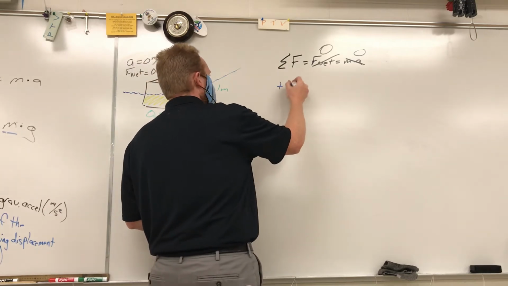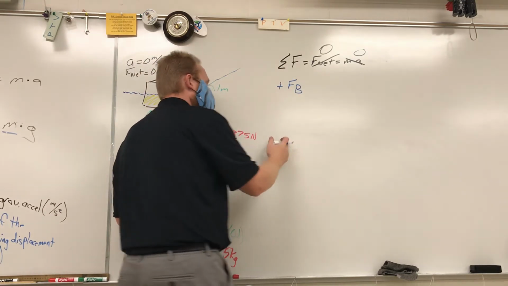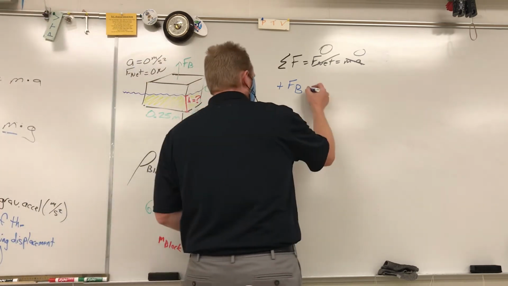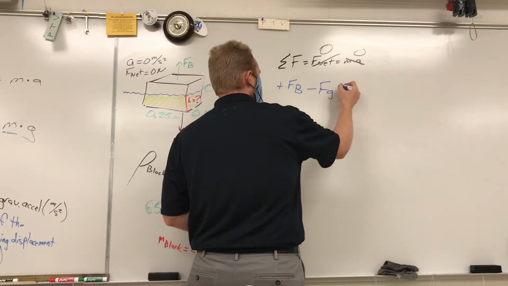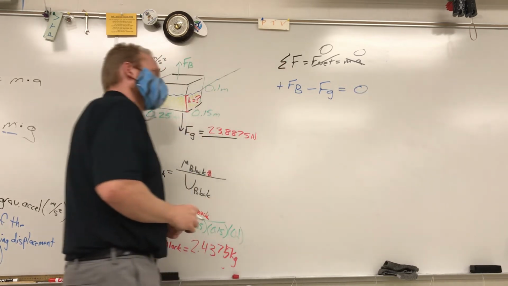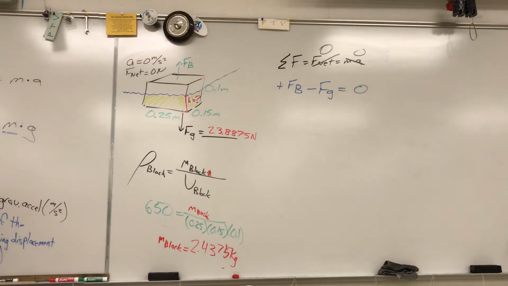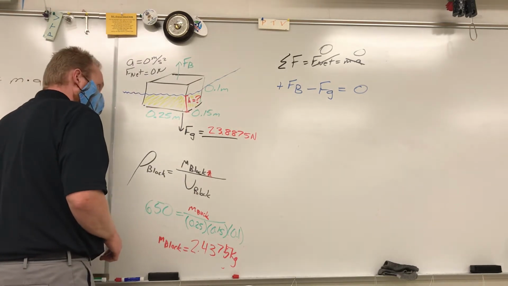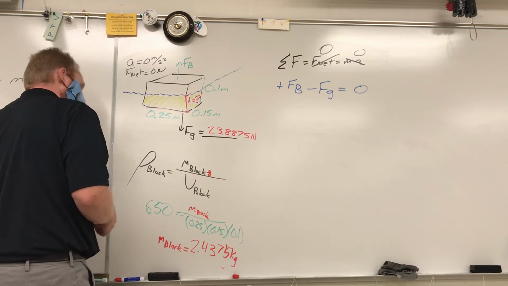I add all of my ups, there's only one. I subtract all of my downs, there's also only one. I set that equal to m times a, which is 0 because my forces are balanced. I am going to be solving for h within my buoyant force equation, so I'm telling you in advance I want to isolate my F of B by itself.